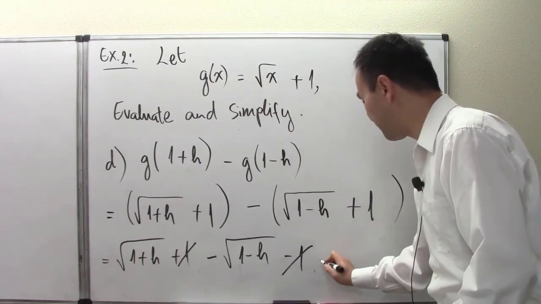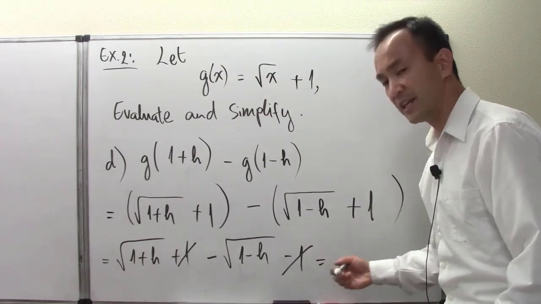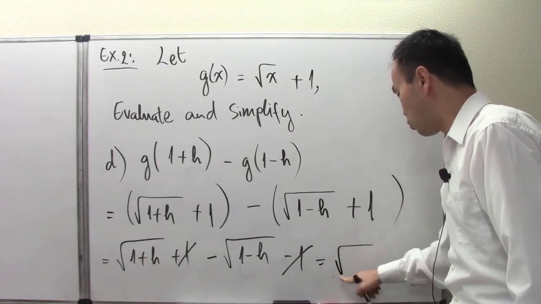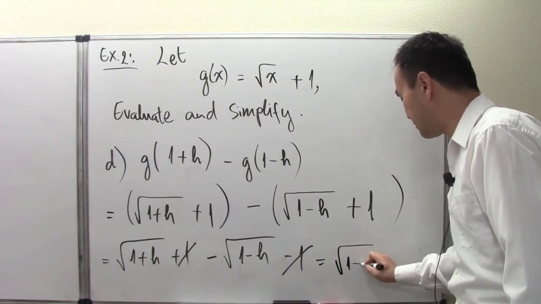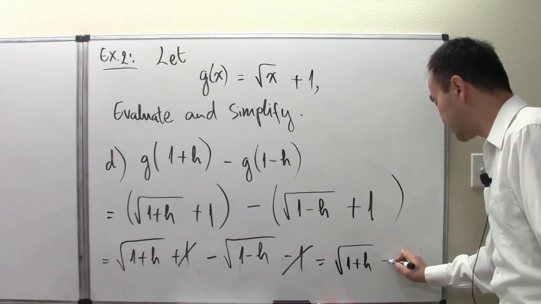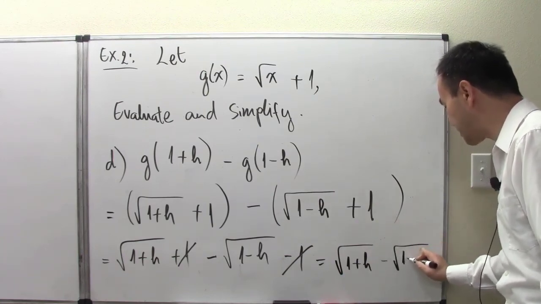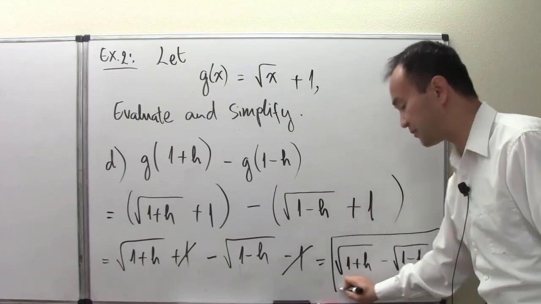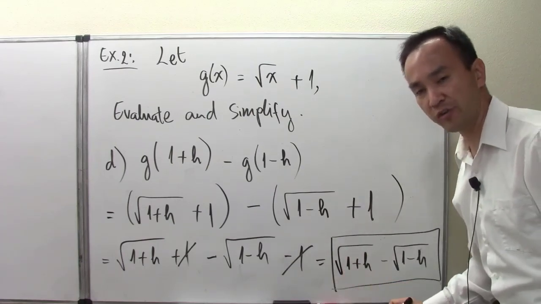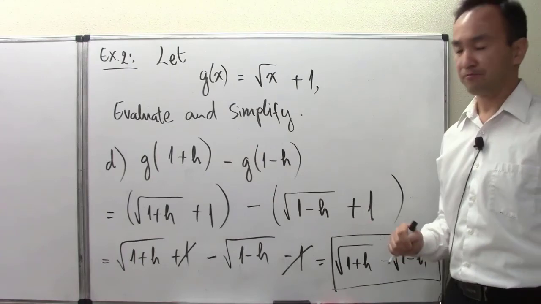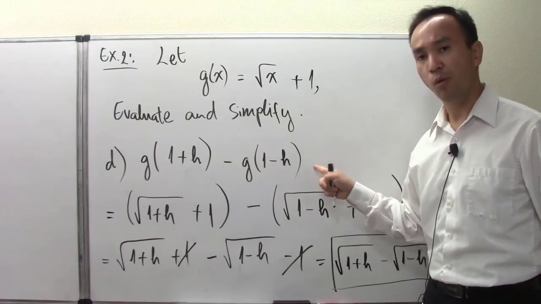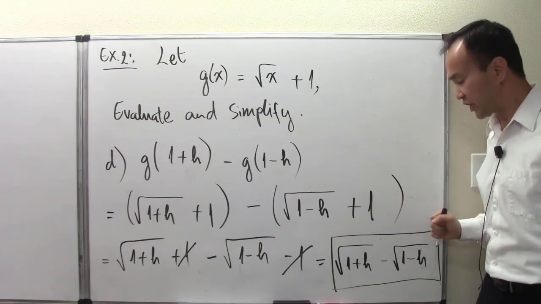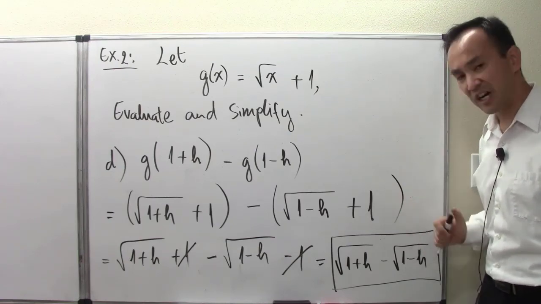So at the final step, where things are quite simplified, what we have left behind is the square root of 1 plus h minus the square root of 1 minus h. And this is, ladies and gentlemen, our final simplified expression from the starting point. That's how we have this particular problem done.